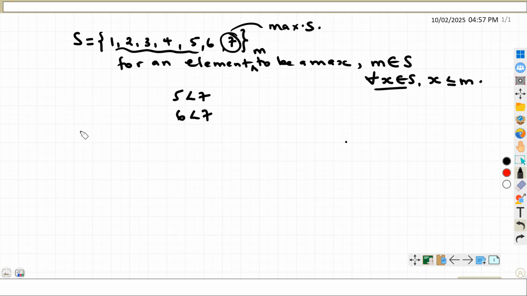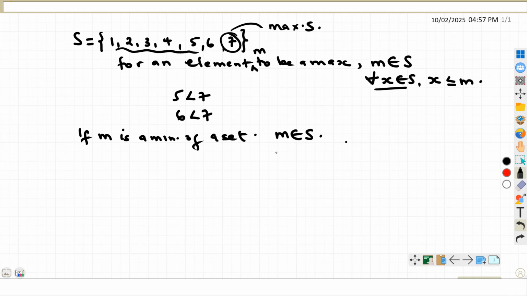If M is a minimum of a set S, then first of all, this M should be an element of the set.